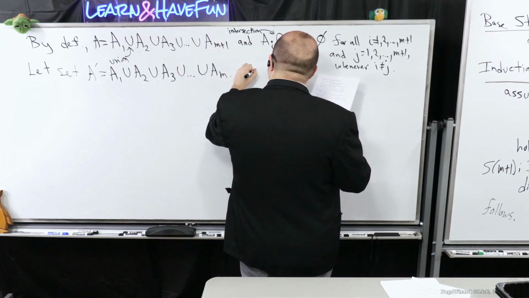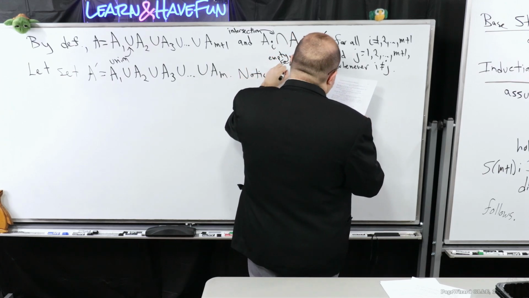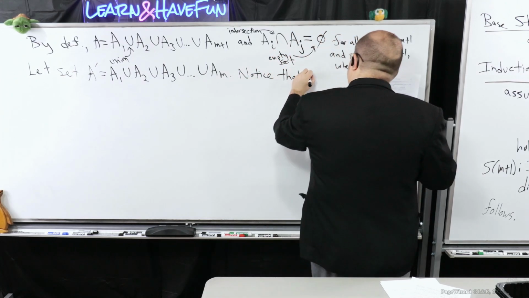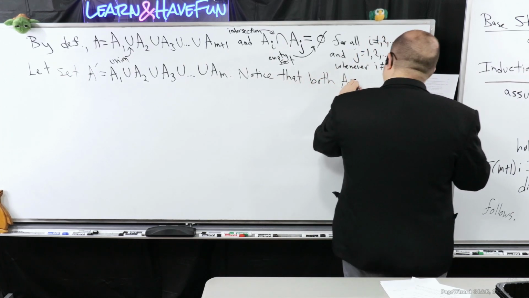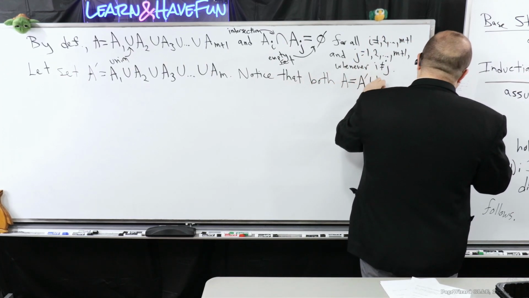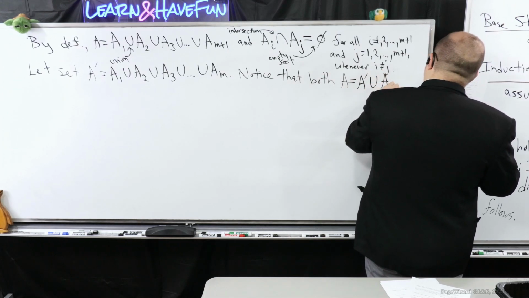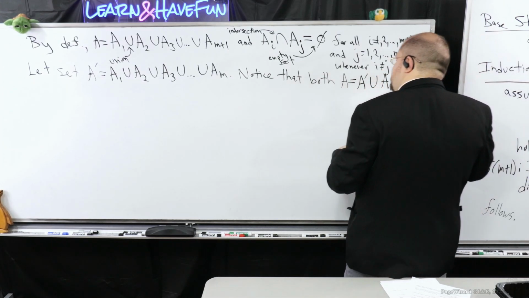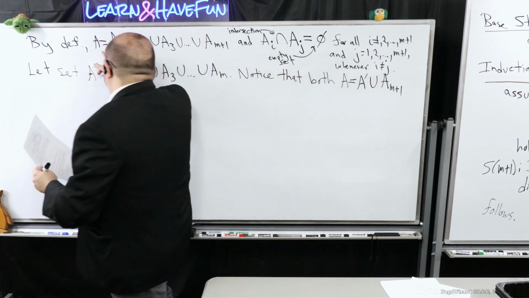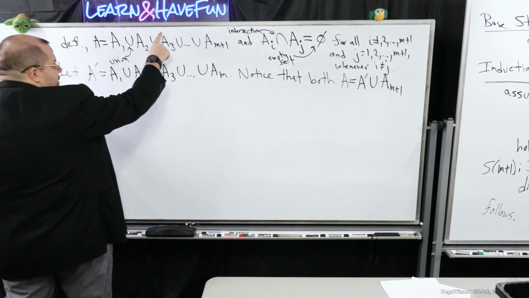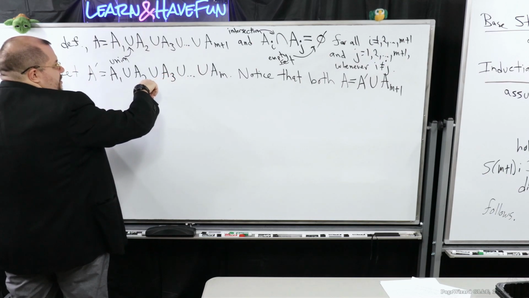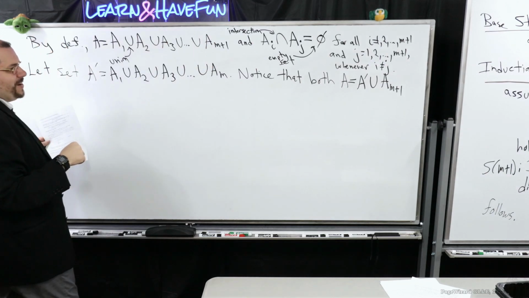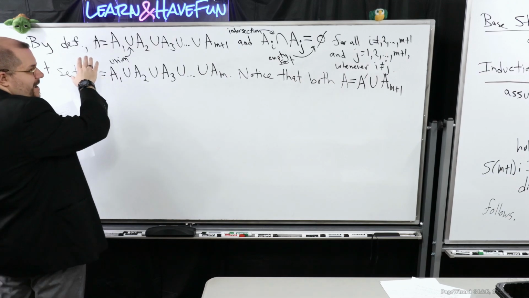So notice that A is equal to A prime union A sub m plus 1, right? Because that's what A is. A is the union of all of these up to A_m union A_{m+1}.